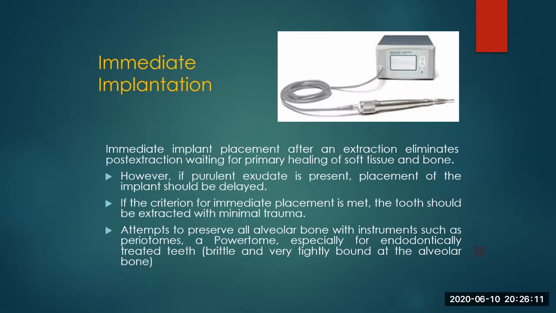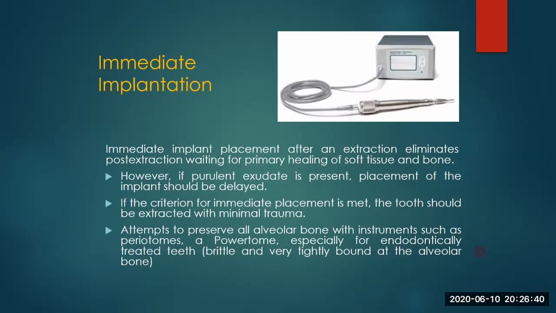The second important thing is that I have to make sure to minimize the trauma on the cortical plate, especially at the site where the elevator or the forceps is inserted. The cortical plate is not really resilient and does not have the same ability as cancellous bone to withstand pressure.